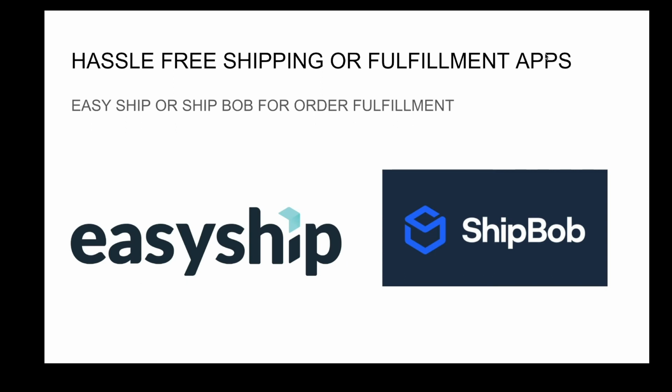Now the next one you need is this. You need apps that will help you carry out your shipping easily, right? So the next app we're talking about is Easy Ship. Also, we have ShipBob for your order fulfillment. If you run a product business and you ship to people maybe in the United States or other countries, you need a fulfillment center if you do not live in that origin country.